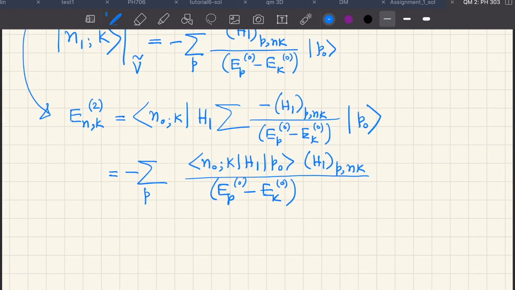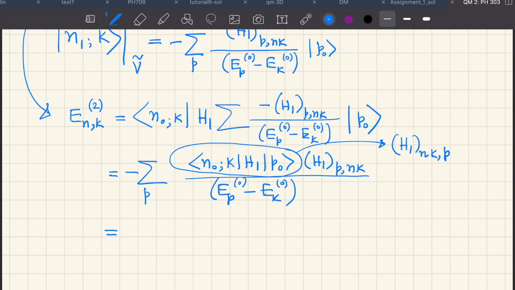And therefore, this object is nothing but the matrix element of the perturbing matrix, and this is nothing but h1 nkp.